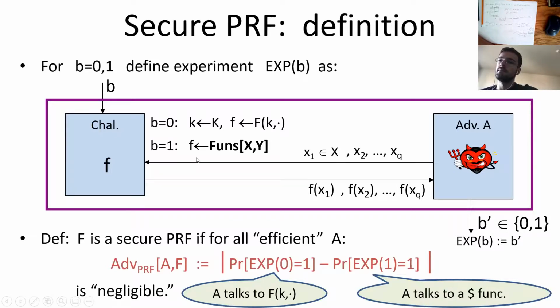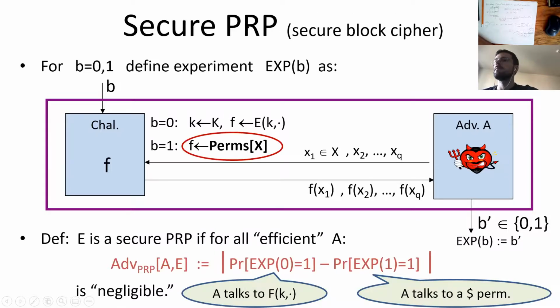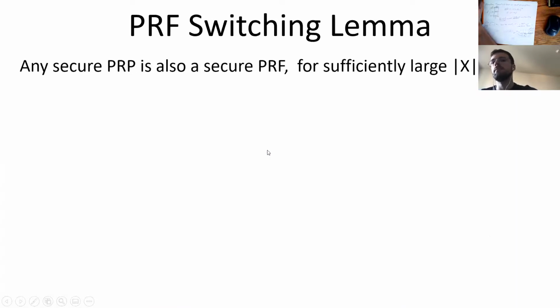But in the ideal world, we model this as if it was a random function. In the PRP case, in the ideal world, we model this as a totally random permutation, right? Not a function from X to some other set, but a permutation on the domain.